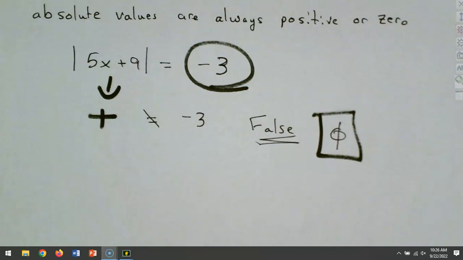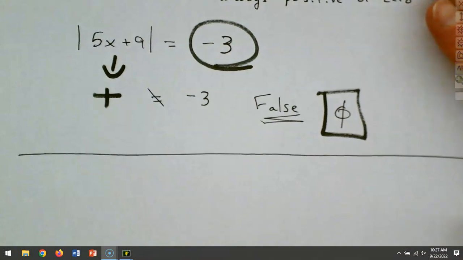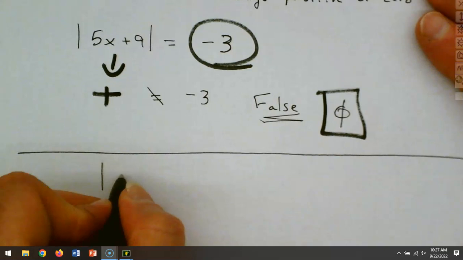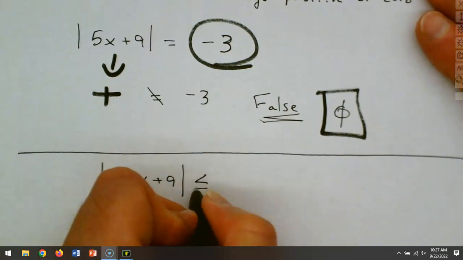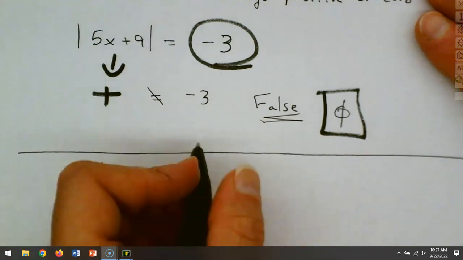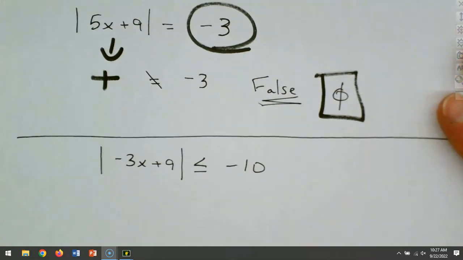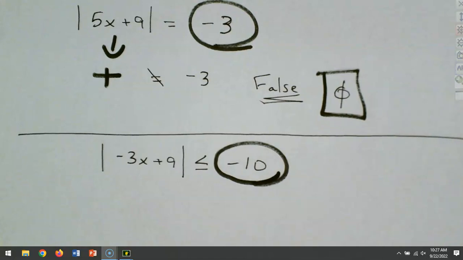Now, inequalities can either be true or they can be false. So let's do another one of these. These are our special cases. Okay, what's special about this one? This is special because the right-hand side, again, is negative.